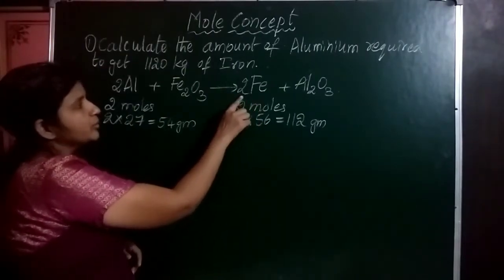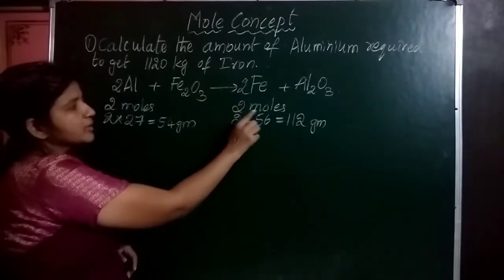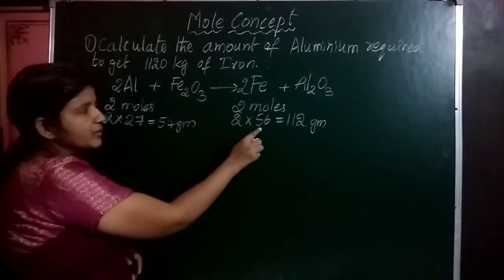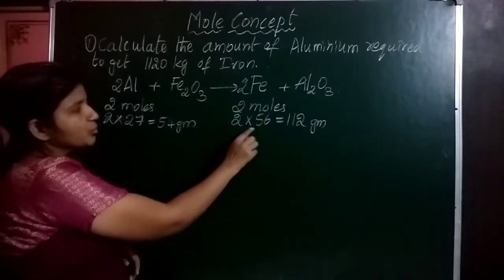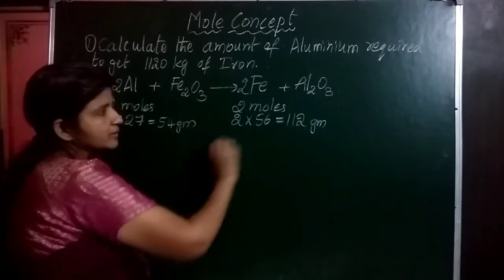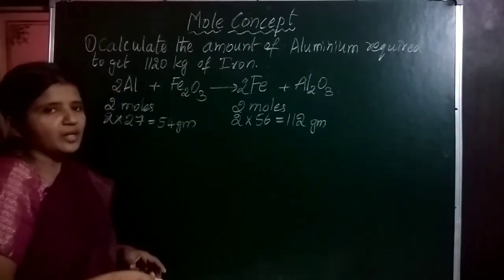Now iron: how many moles? 2 moles. So 2 into 56, because 56 is the atomic weight of iron. 2 into 56 means how much? 112 grams.